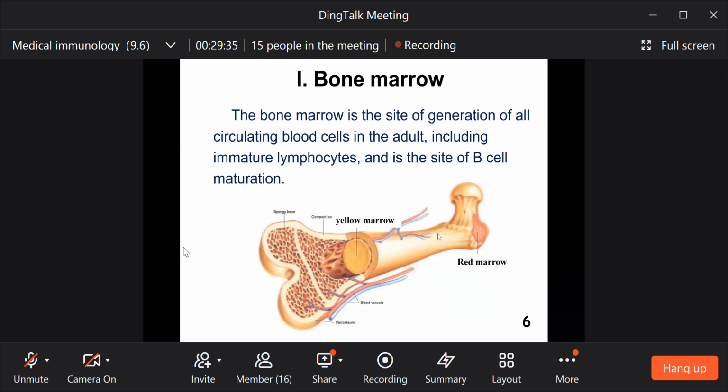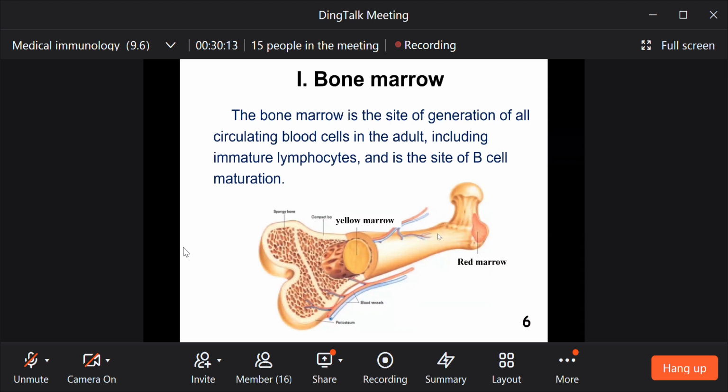Okay, let's see the bone marrow. The bone marrow is the site of generation of all circulating blood cells in the adult, including immature lymphocytes, and is the site of B cell maturation. Well, we can see the bone marrow of human beings. It is filled with marrow.